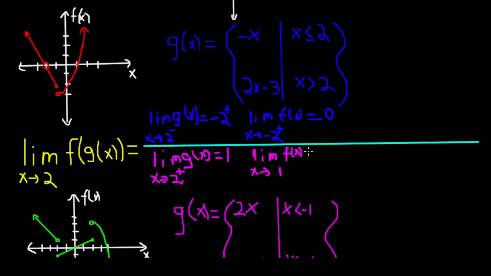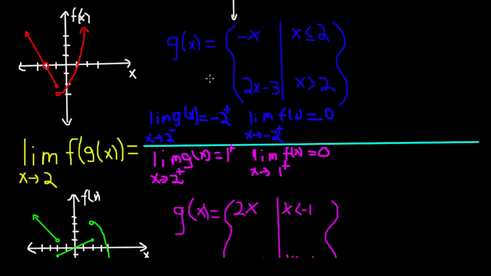And that's going to be, or let's clarify, if you plug in 2 from the right into this function, you get, so let's say 2.01 times 2 is like 4.01, and then minus 3 is 1.01, so a little bit greater than 1. So from the right. So if we do that, we go to the 1, and it's just 0 again.